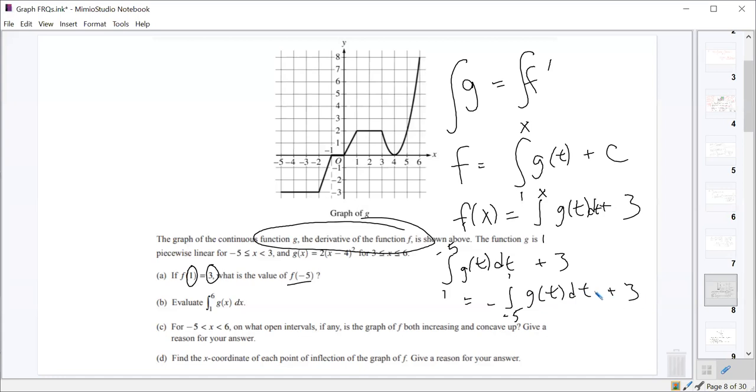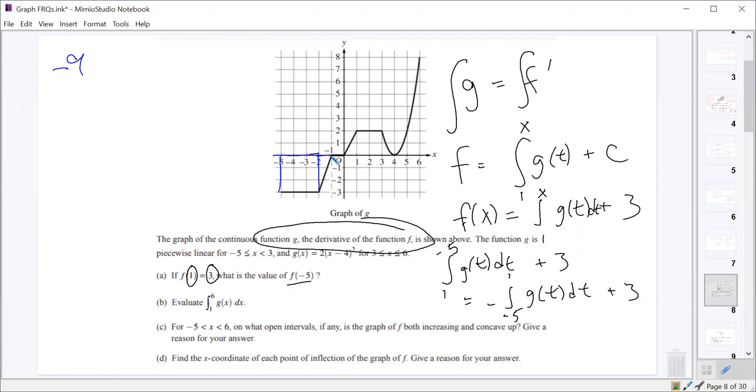And so now all we have to do is figure out what the integral from negative 5 to 1 of g of t is. Well, luckily, we have a square. The first piece is 9, and it's below the x-axis, which makes it a negative 9.